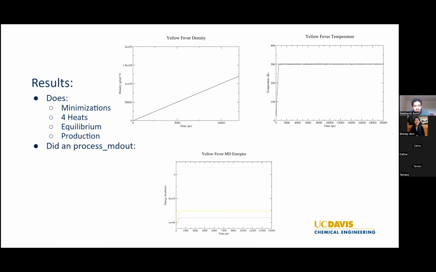Do you guys have any more questions? I think, maybe I'm wrong, but is there any particular reason why the crystalline form of the yellow fever virus is taken? Is it only to maintain the periodic boundary conditions, or is there any other reason? This is just more of a doubt for me rather than a question.